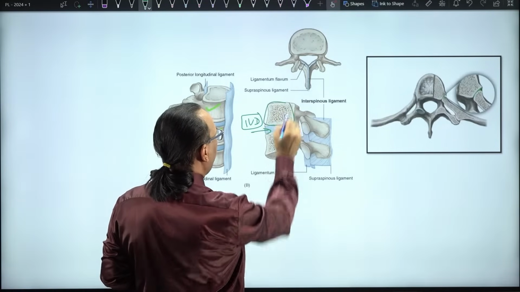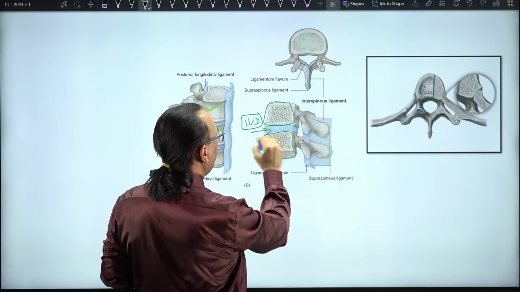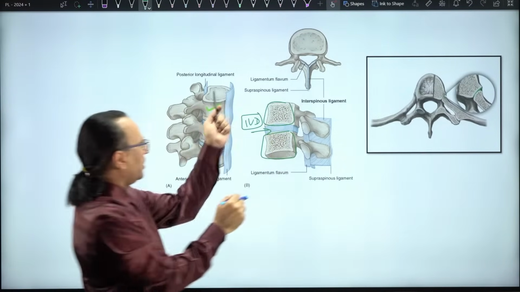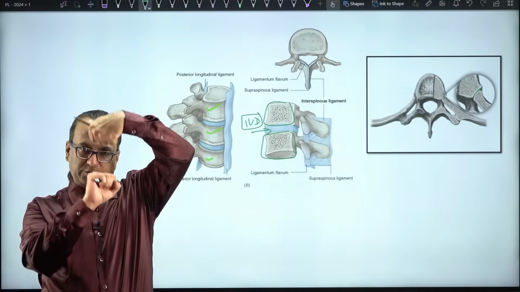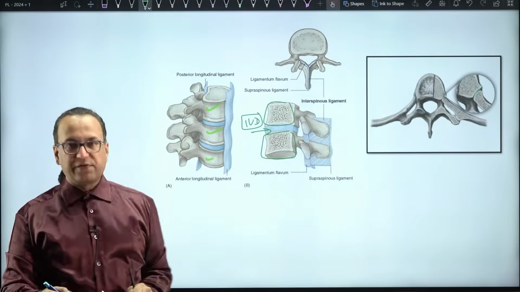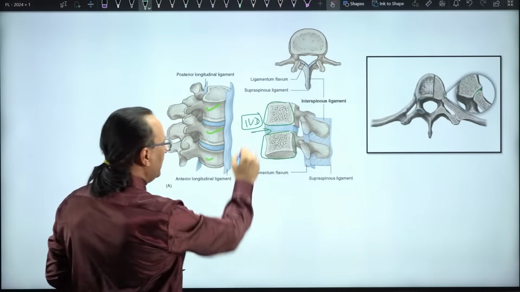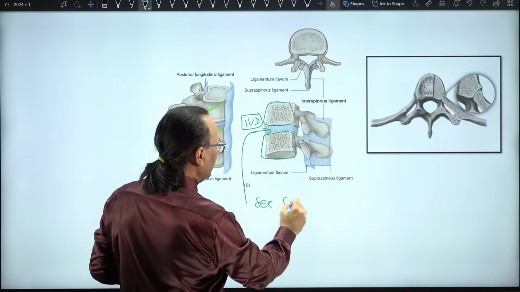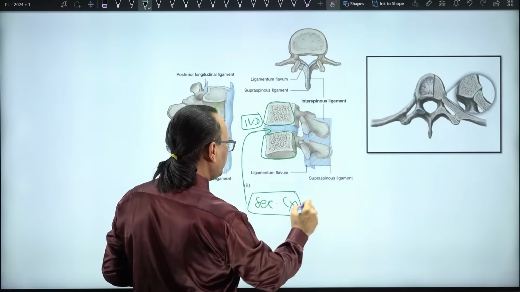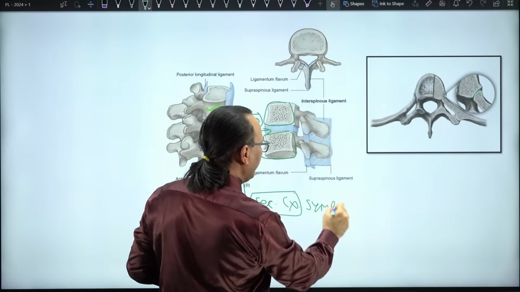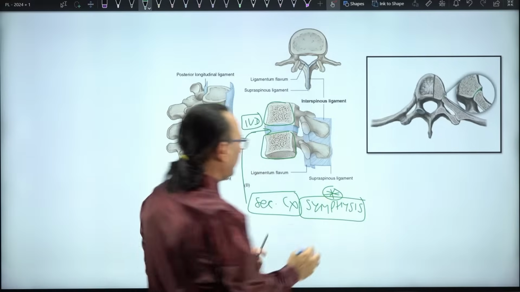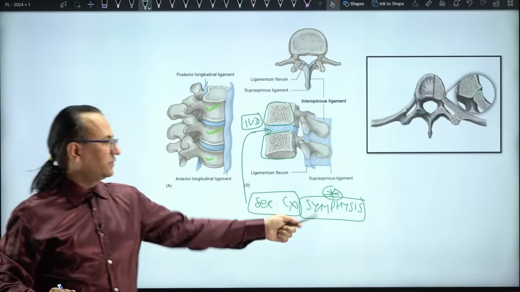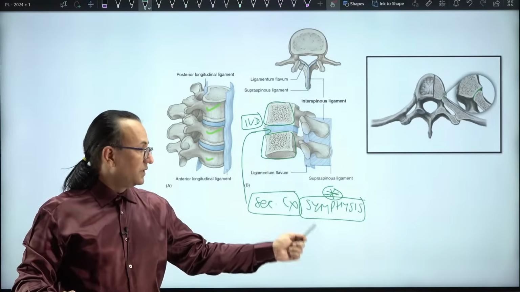So one vertebra articulates with another vertebra, and there is an intervertebral disc between them. This is actually for shock absorption, and this is a secondary cartilaginous joint. If it is a secondary cartilaginous joint, it is symphysis. So definitely the midline intervertebral joint is a symphysis.